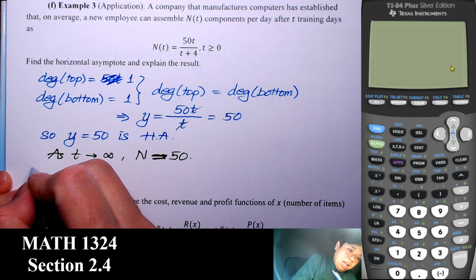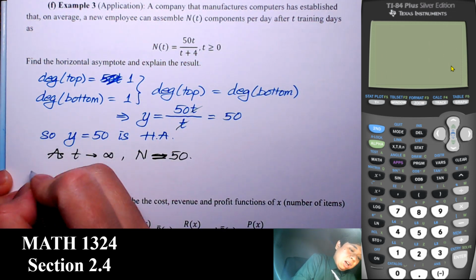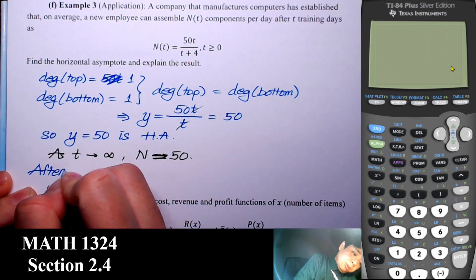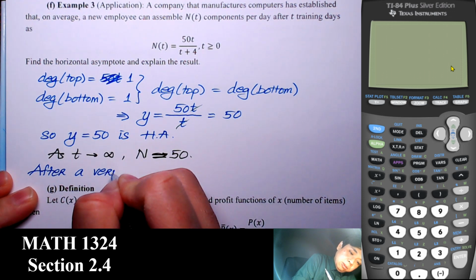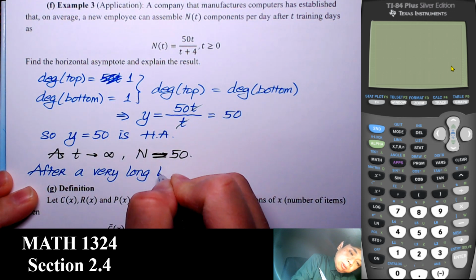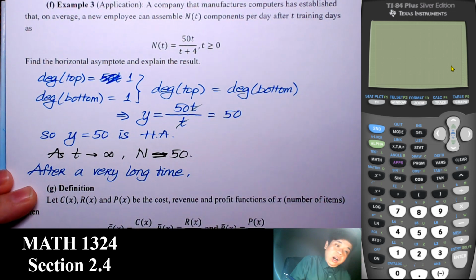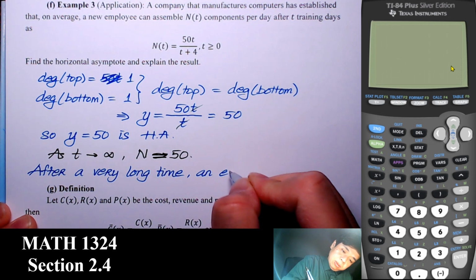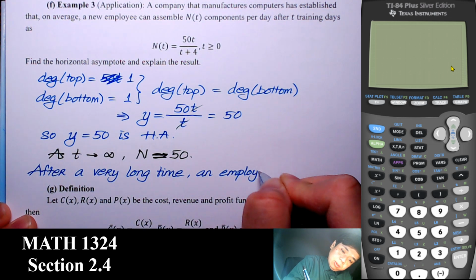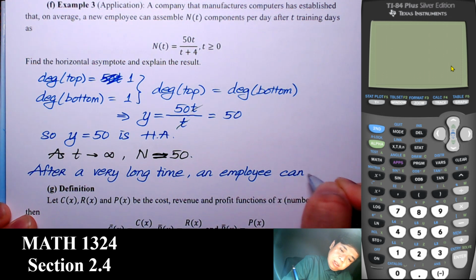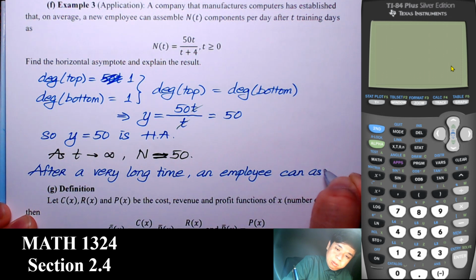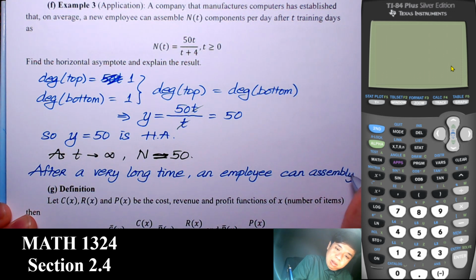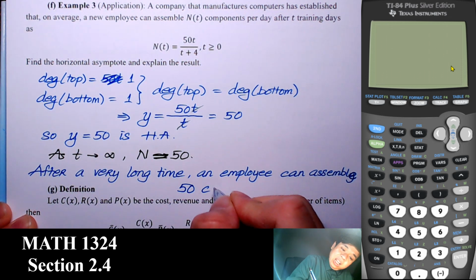So that means as time goes on, after a very long time, an employee can assemble 50 components, cannot be more than that.